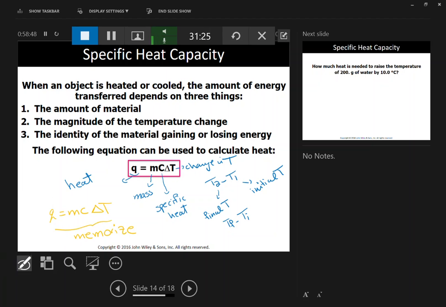Now, before we move on and do practice problems, let's look at the units. What is the unit of heat? What's the SI unit of heat? Joules, very good. Mass in this equation is in grams. Delta T is in degrees Celsius.